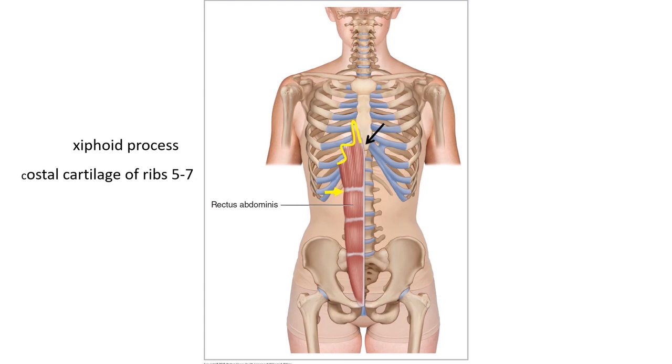So this is a special feature of this muscle. It has tendinous intersections, and then as it comes down, it is attached to the pubis and pubic symphysis.